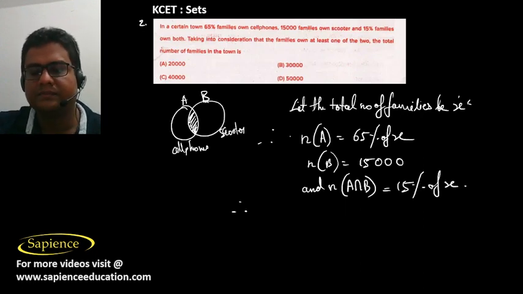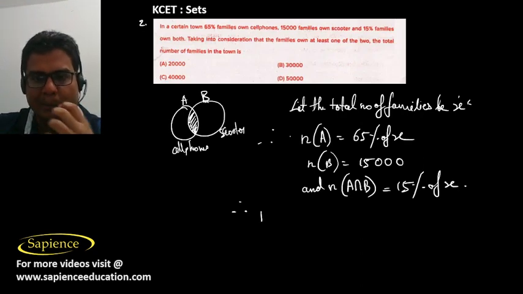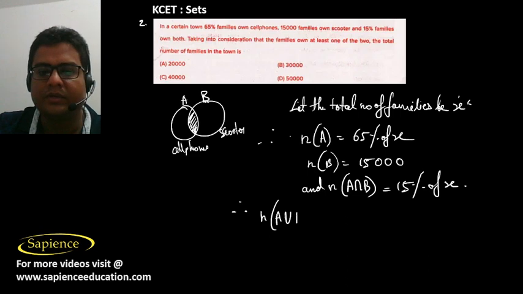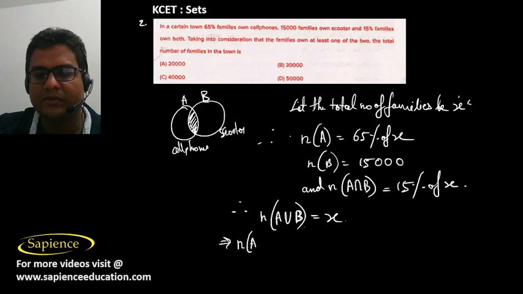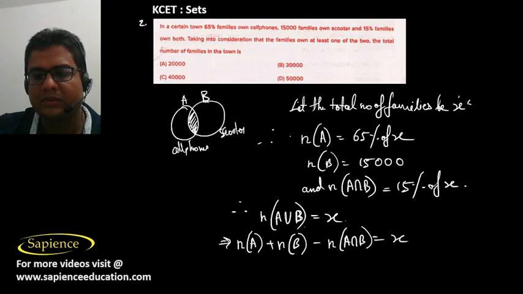Now n of A union B, the number of elements in A union B, is equal to x. So I can write n of A plus n of B minus n of A intersection B, that is equal to x. 15% of x means 0.15x, 65% of x means 0.65x.